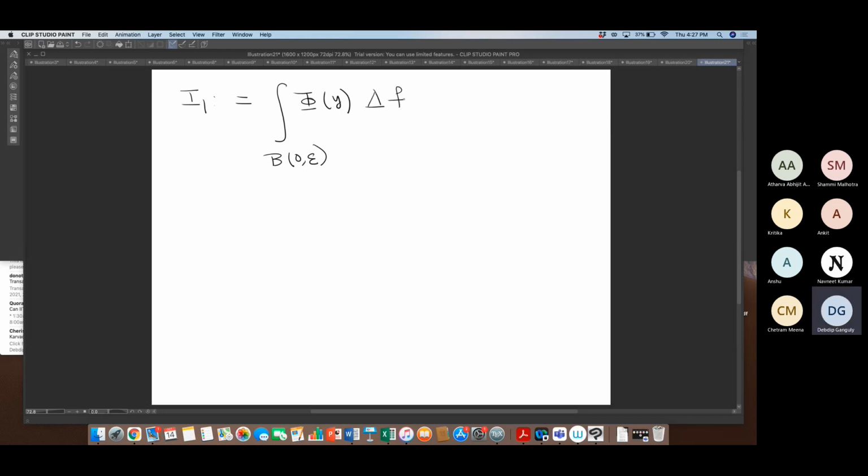Now you tell me, where will this integral go if I take epsilon tending to 0? Where will this integral go?